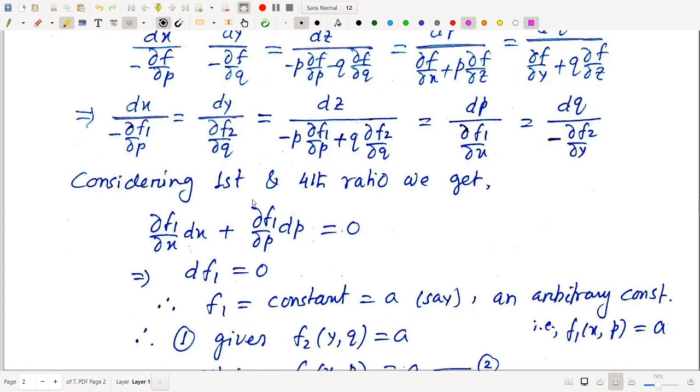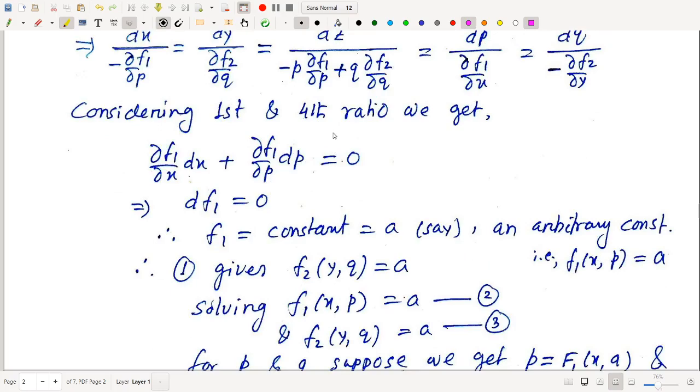Now considering the first and fourth ratio, we get dx by del f1 by del p equal to dp by del f1 by del x. Why have we considered this? Because we can separate the variables and integrate. Of course, you can consider the second and last one also.